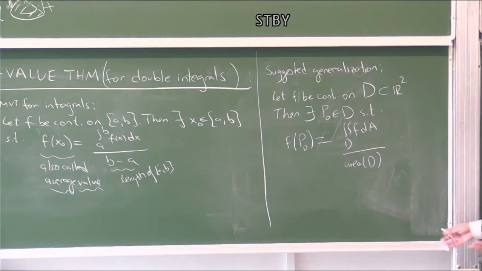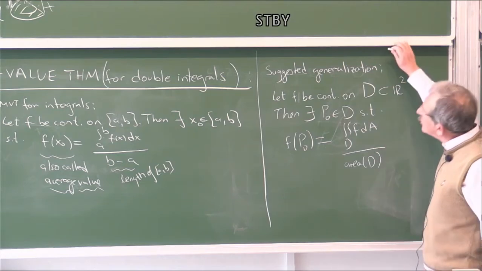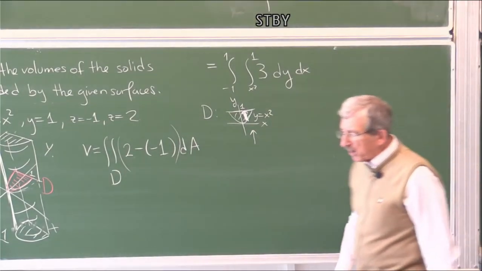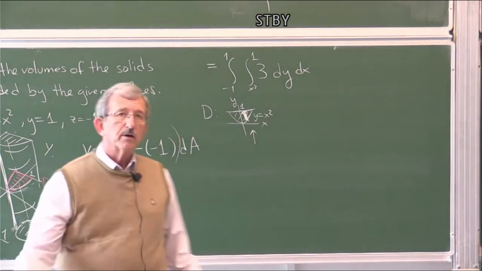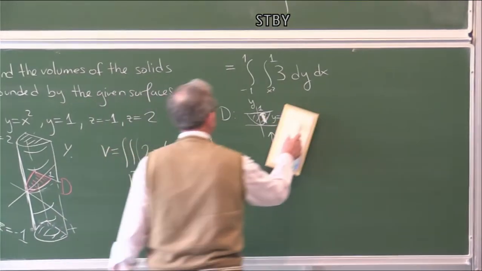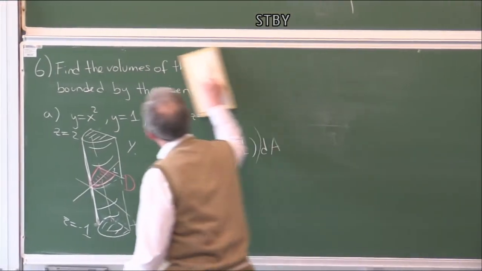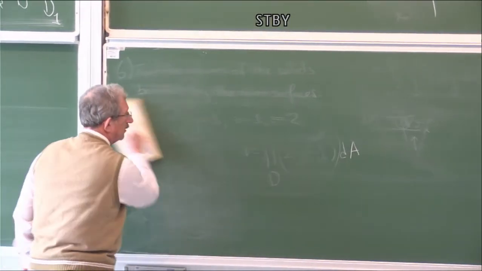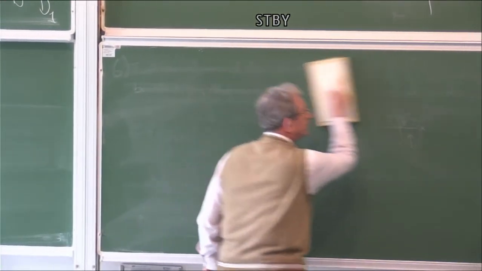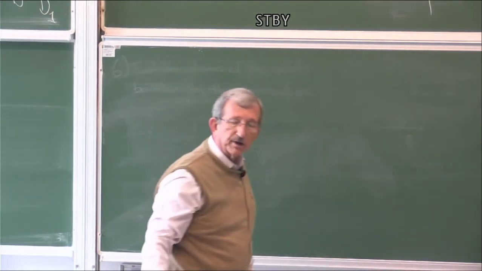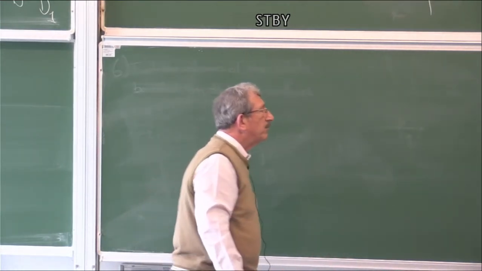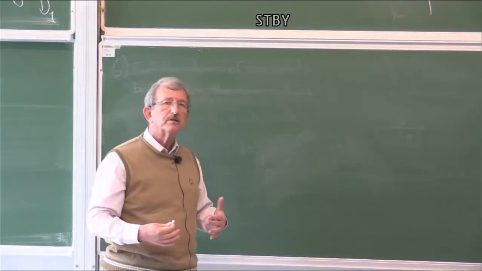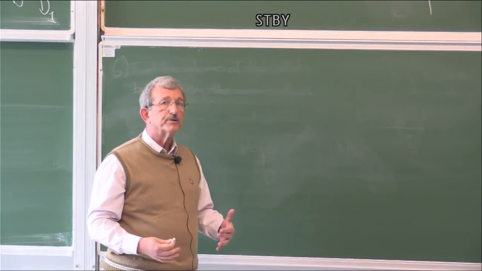Now, this is a logical generalization, of course, but there are problems, because we are not so sure which properties of the interval we use. Generalizing the interval and keeping its properties is not that obvious.